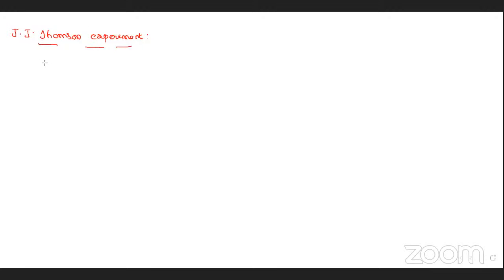Okay, in his experiment, suppose this is the electrode, take it as cathode, meaning I am maintaining some negative potential here. Instead of placing the anode in front of the cathode, he placed the anode somewhere here. Suppose this is anode, meaning positive potential I apply here.